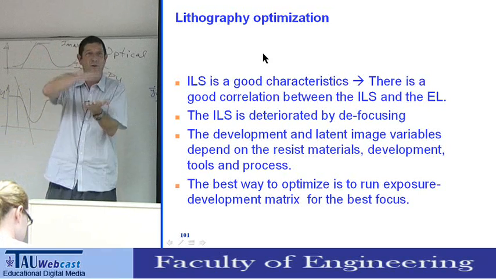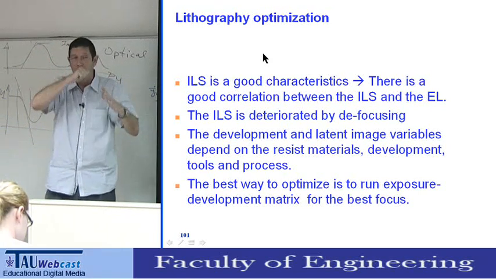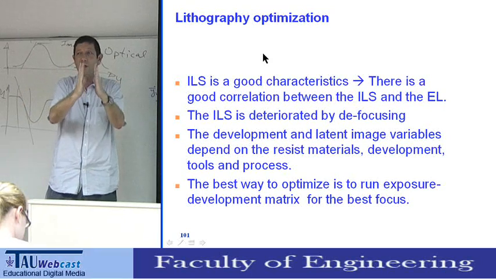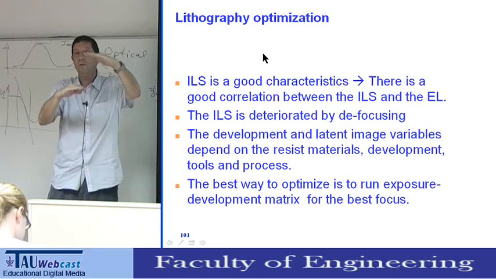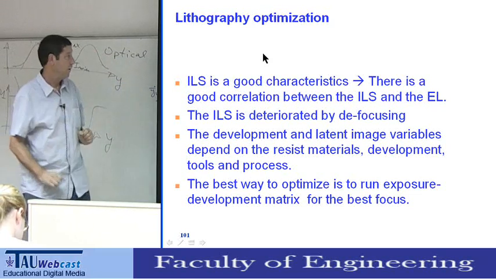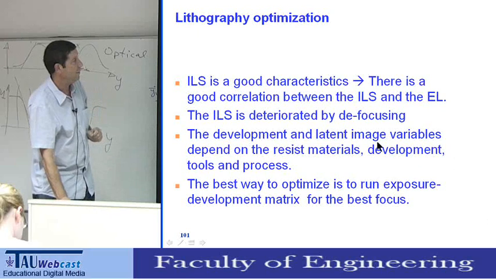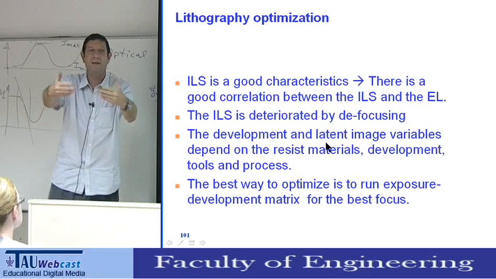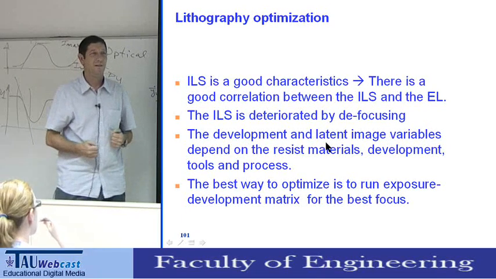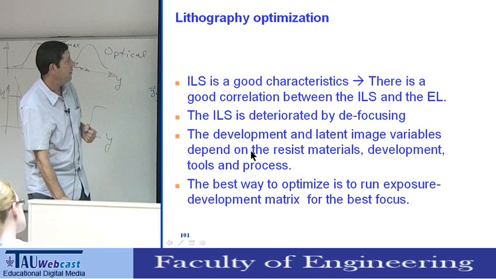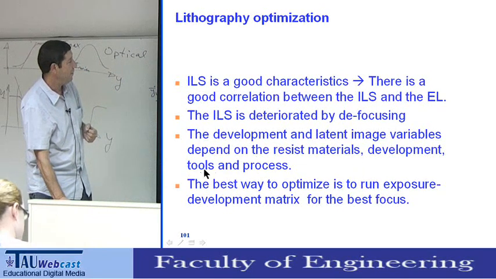If I go out of focus, I destroy the optical image, and instead of having a sharp image, the transition between white and black becomes more diffused. The development and the latent image: the latent image is the image which is kind of asleep inside. This is the chemical image. The latent image variables depend on the resist material, development tools and process.